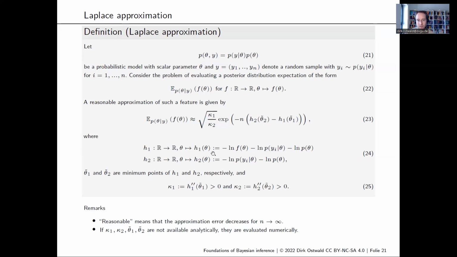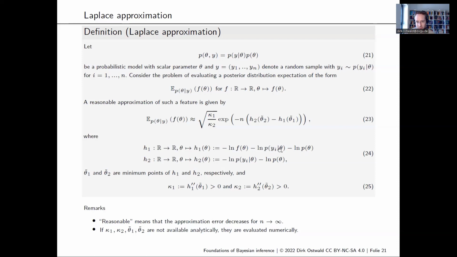They are the logarithm of the function that we want to integrate, so for example theta, or just the function of theta, times the likelihood and the prior.